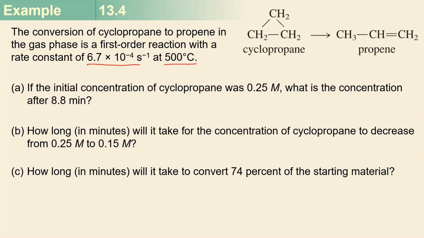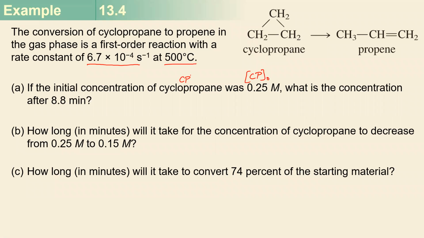But anytime you report a rate constant, it should always have a temperature associated with it. If the initial concentration, I'm just going to put Cp for cyclopropane, Cp naught is 0.25 molar. What's the concentration after 8.8 minutes?